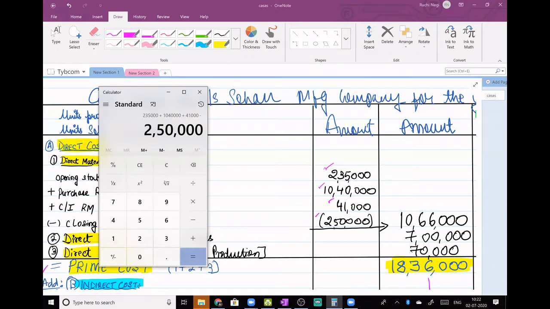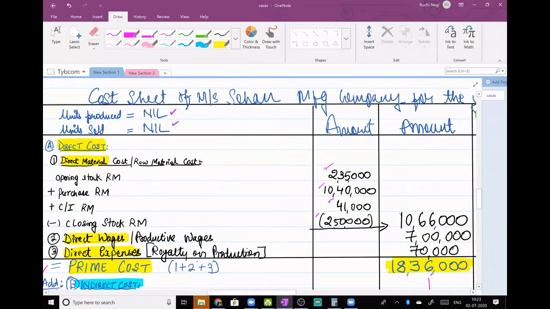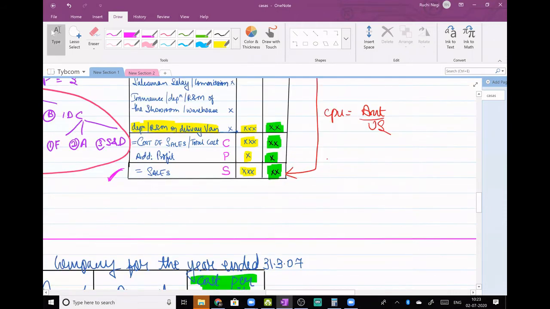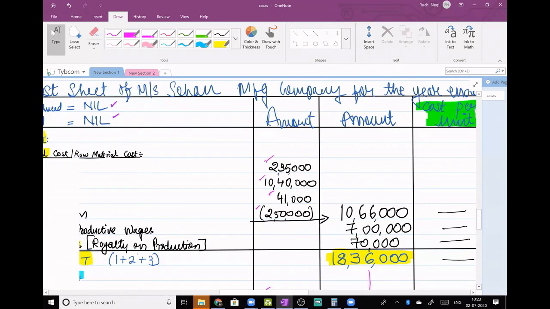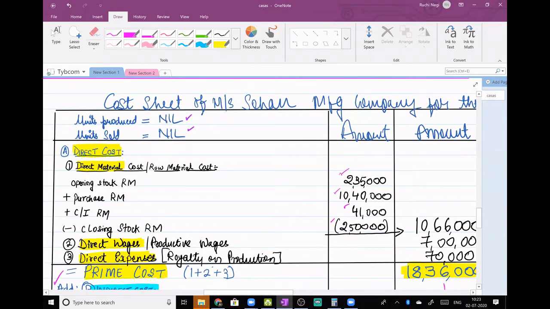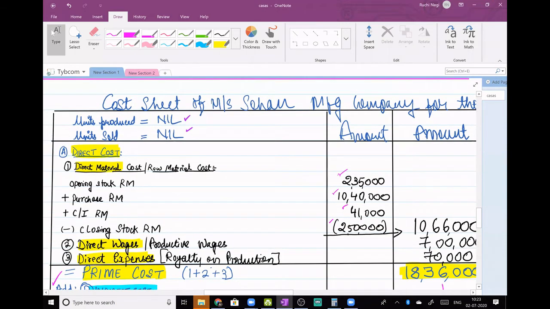So it is 10,66,000. Write it in the outer column. In the inner column, you will write the breakup cost. So it is 10,66,000.